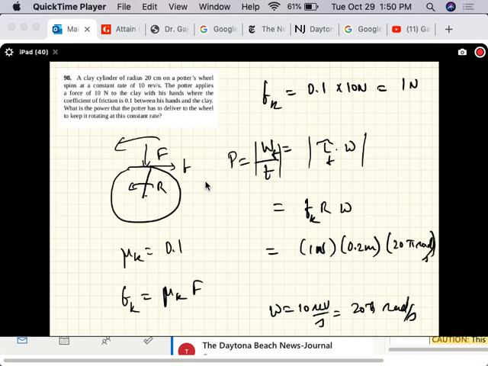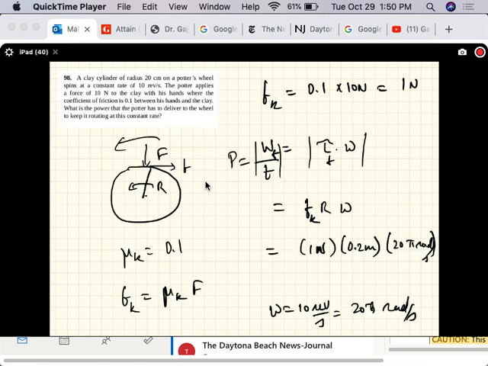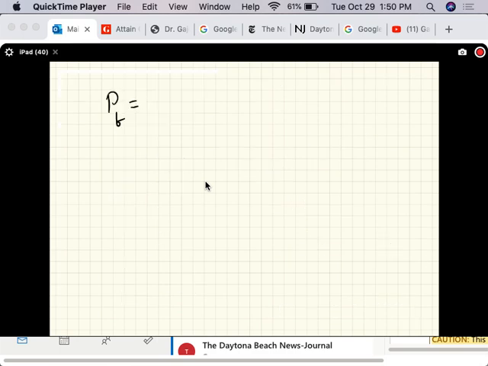So power, the rate at which friction is doing work, is again 1 Newton times 0.2 meters.